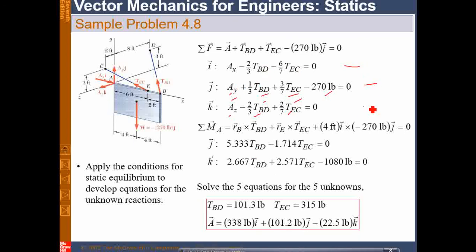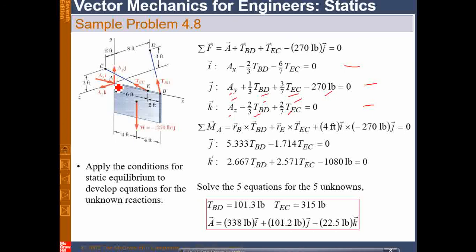1, 2, 3. Then we may be having a moment equation at location A, because this will be offering a moment also. And since this is a three-dimensional problem, moment will be having three components. So what will be the forces that will produce a moment?